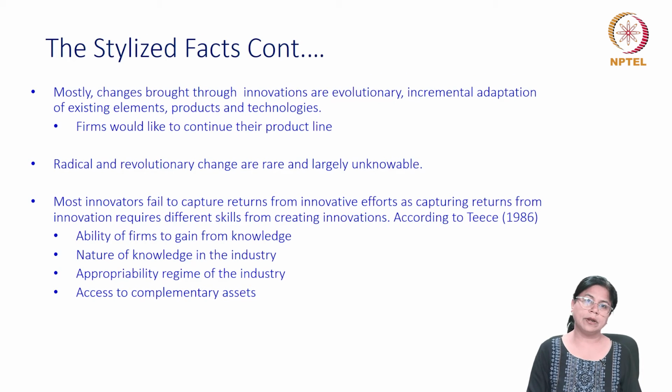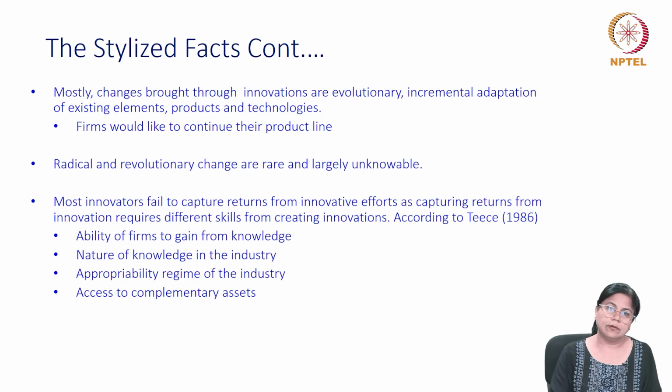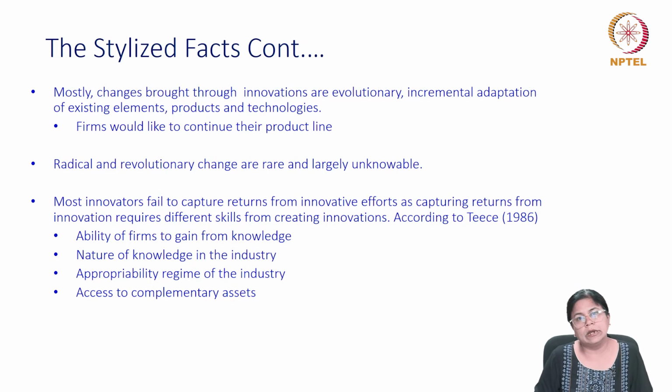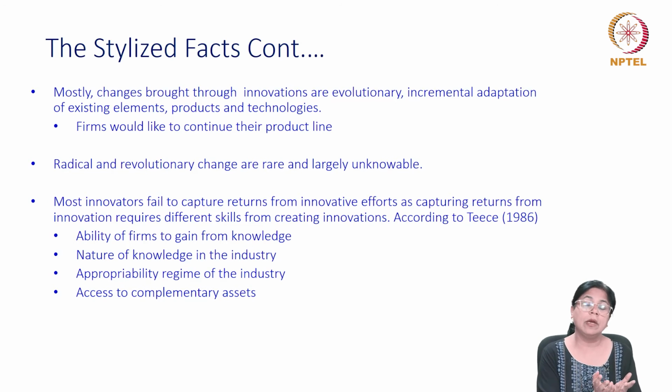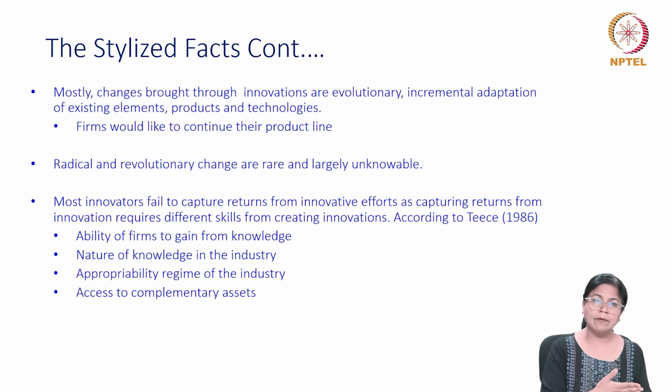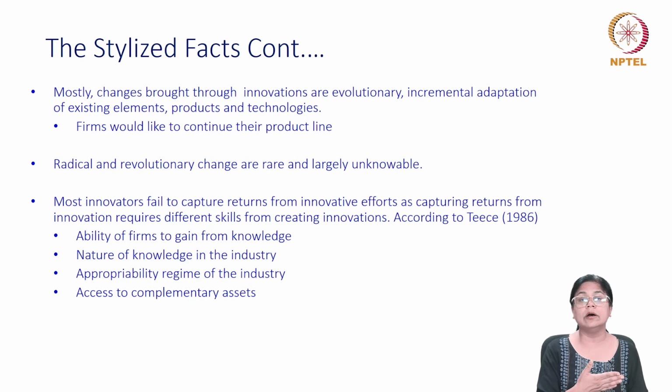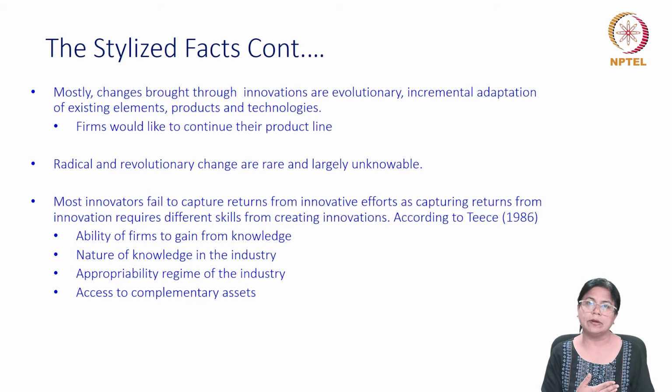Now, the work has pointed out that whether the firm is able to create intellectual property is one set of activity. This intellectual property or innovation creation part of it can also be done by certain individuals. However, whether they have the capability to actually earn returns from this intellectual property is a matter of concern.